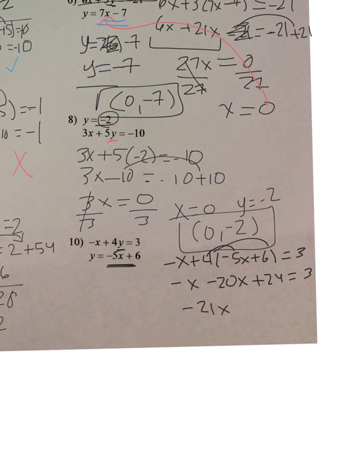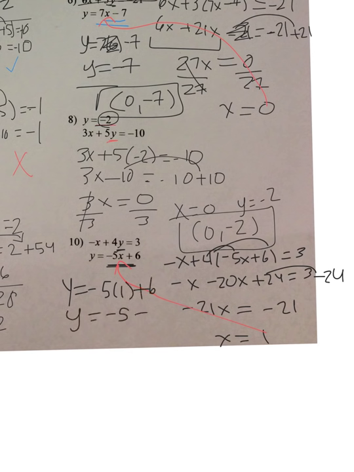Negative 21x, and then I move this over here, minus 24 equals negative 21. Well, so what does x equal? X equals 1. And then I plug it in right there, and I get y equals negative 5 times 1 plus 6. Y equals negative 5 plus 6, so y equals 1 as well. So my solution, 1, 1.